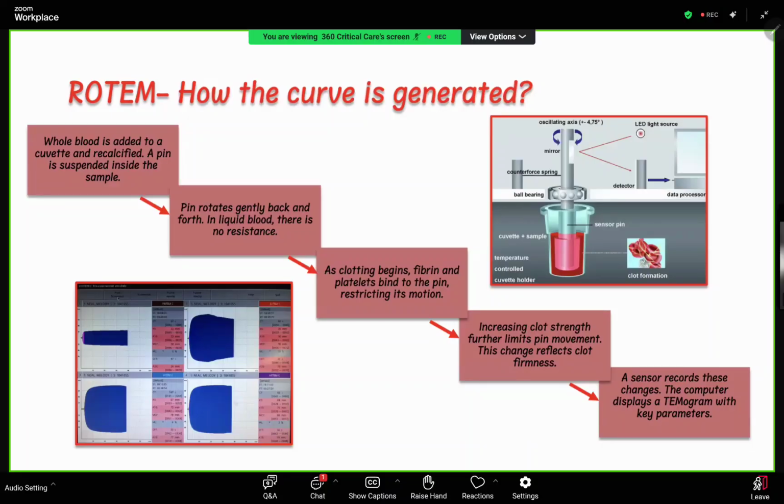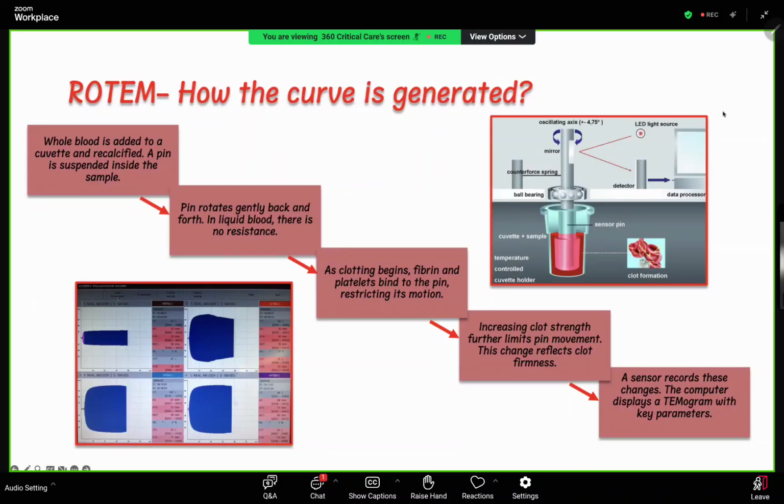So how does it is carried out usually? So the whole blood is taken and it's put into a cuvette with calcium in it, and a pin, which is you can see here, is suspended into that cuvette and it starts to spin. The pin rotates gently back and forth in the liquid blood.